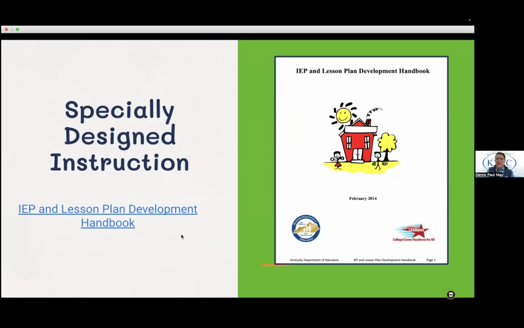We refer to this sometimes as the schoolhouse document, because it has that cartoonish looking red schoolhouse on it, and it makes us think about elementary school. But really, there's some real good information in here. The first part of it breaks down the different types of teaching that can qualify as SDI, and it also looks at differentiation and things of that nature. So we'll get into it a little bit here.